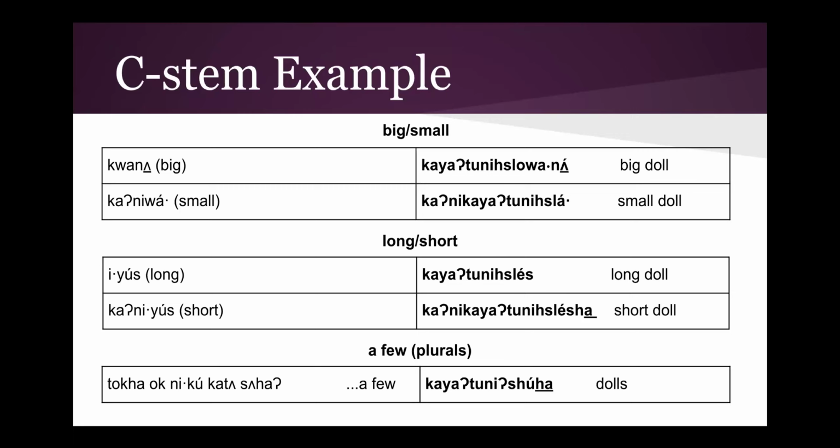Also, this particular one is very useful and very productive, meaning you can use it in all kinds of situations. You can use it in noun incorporation to help describe an object, but you can also use it to describe people.